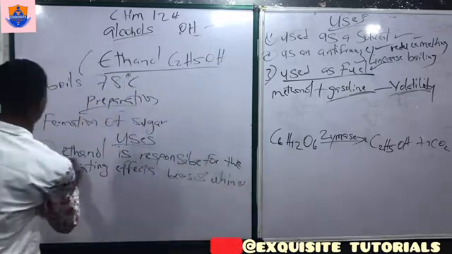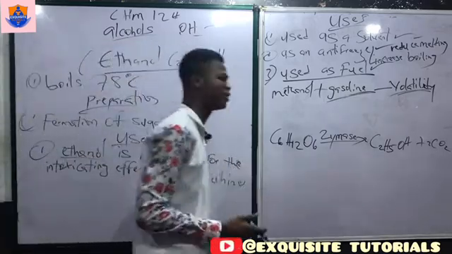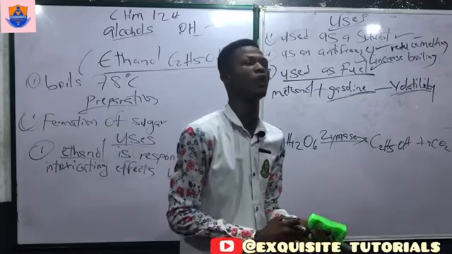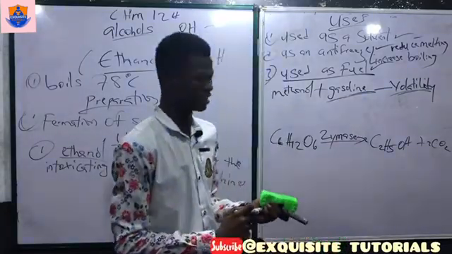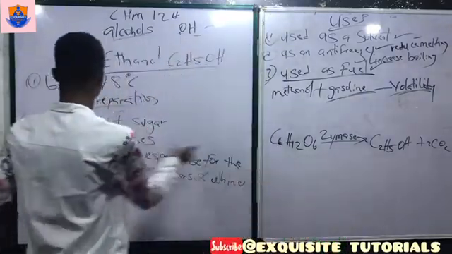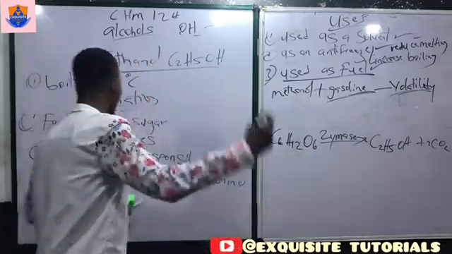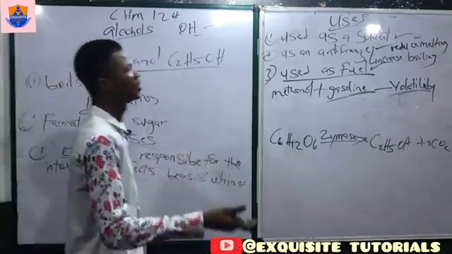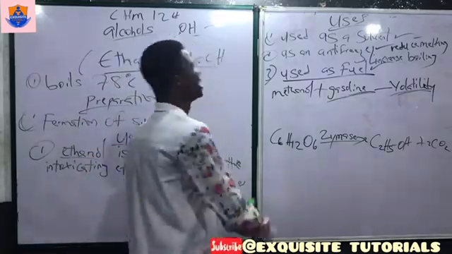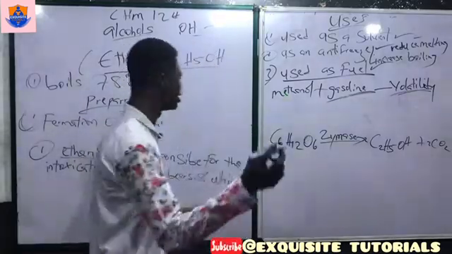So notice, what is responsible for that intoxicating effect in your beers is your ethanol. Without the ethanol, your alcoholic drinks wouldn't have been intoxicating, and it cannot be called alcoholic drink when there is no alcohol inside, and the alcohol inside is the ethanol.